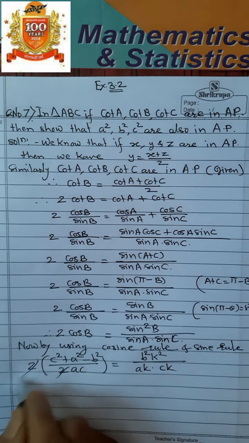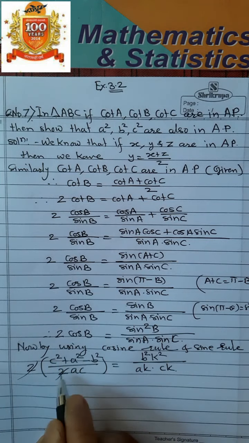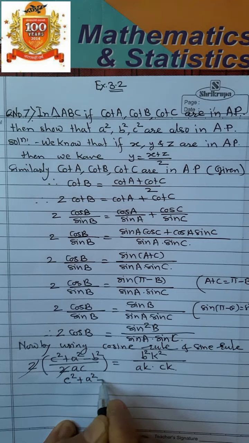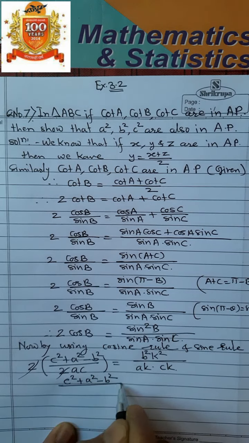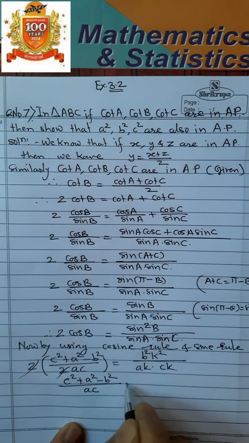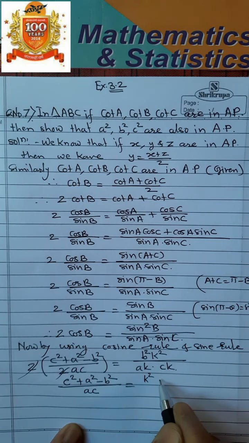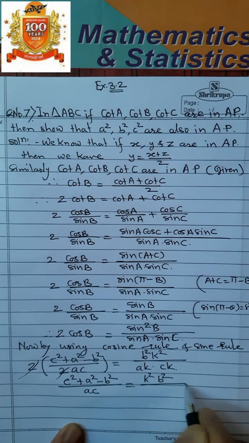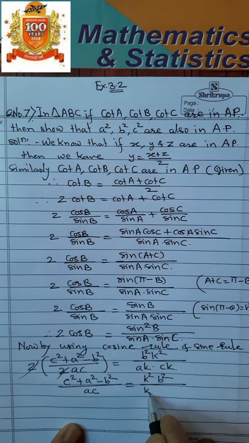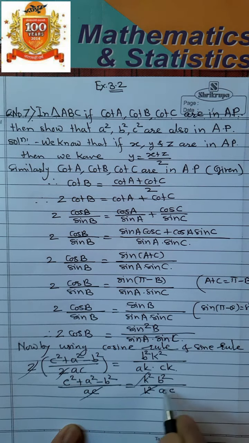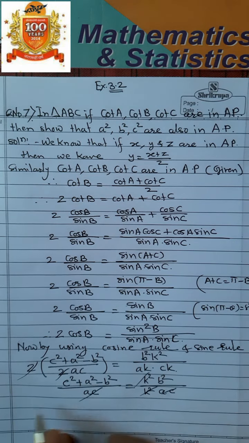That is, 2 gets cancelled. (c square plus a square minus b square) upon ac is equal to, here k square, here b square, here k square ac. This k square gets cancelled, ac gets cancelled, isn't it?